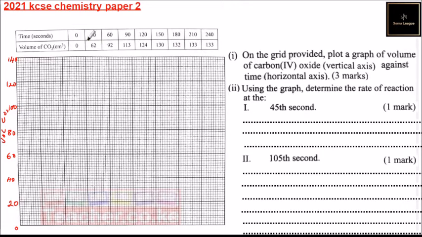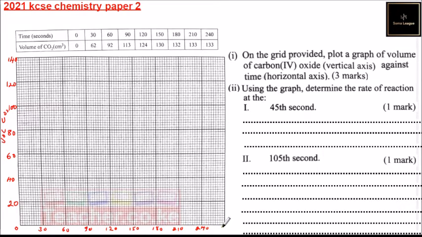So this is time. Time is from 0 to 240. So let's use a different scale: 30, 60, 90, 120, 150, 180, 210, 240.